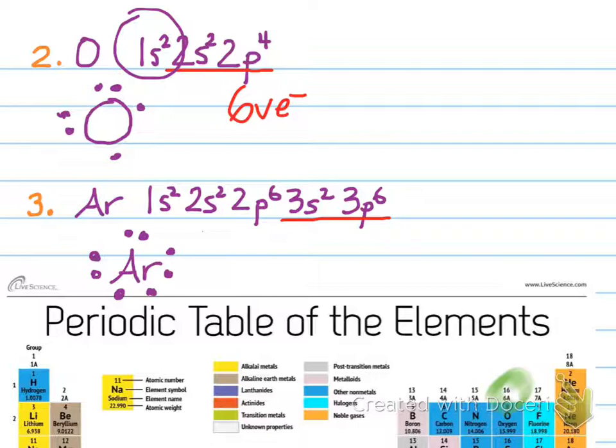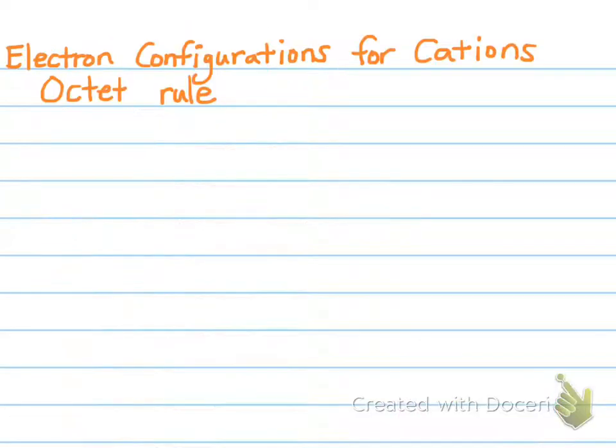Again, this is important because the electrons that are involved in forming chemical bonds are always going to be the electrons in this highest occupied energy level, or these valence electrons. So let's take a look at the electron configuration for the cations. We have a rule that applies not just for cations but also for anions, and it's the octet rule.